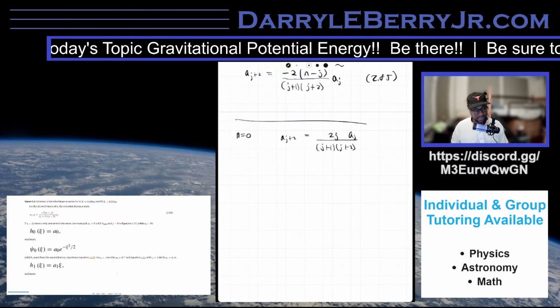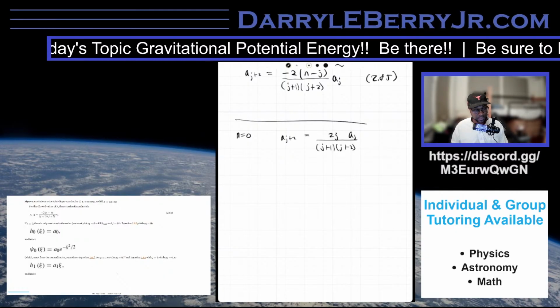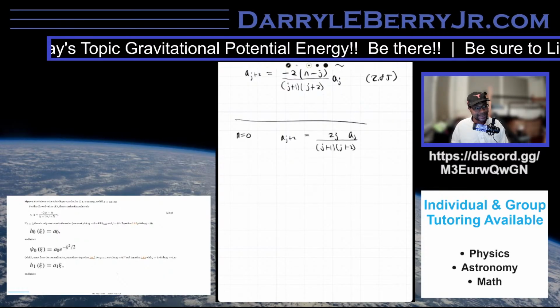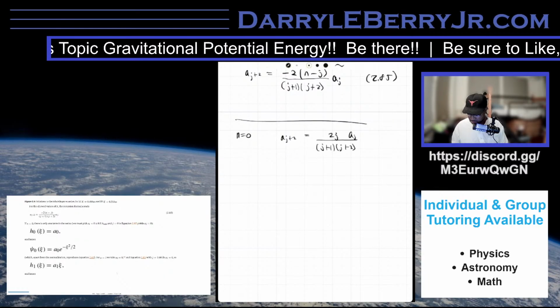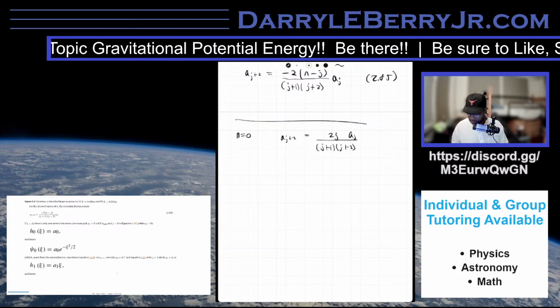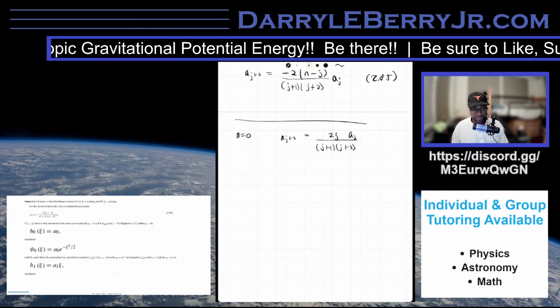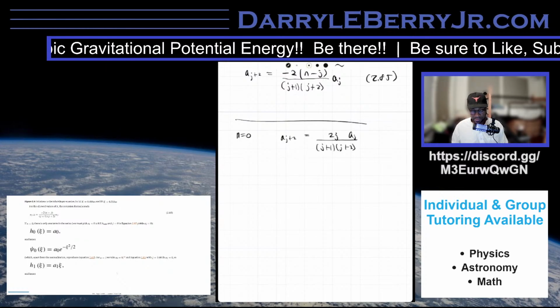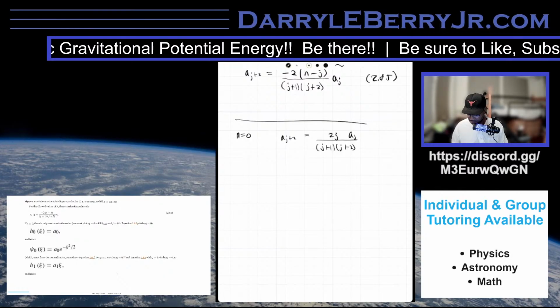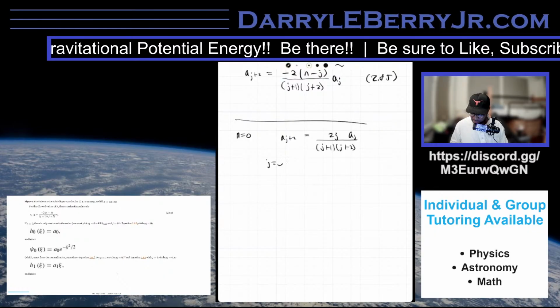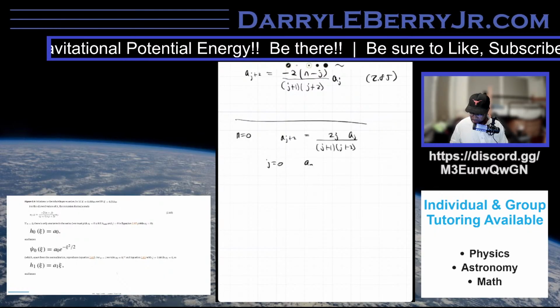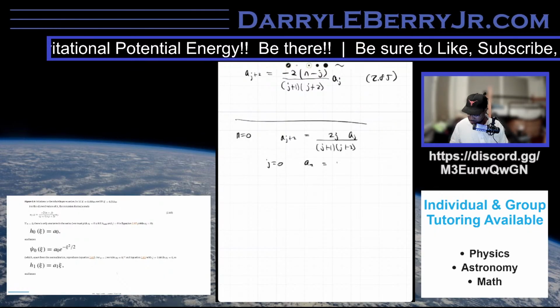So n equals 0, and that is the only term, so j must equal 0. With j equals 0, we have a_2 equals 0.